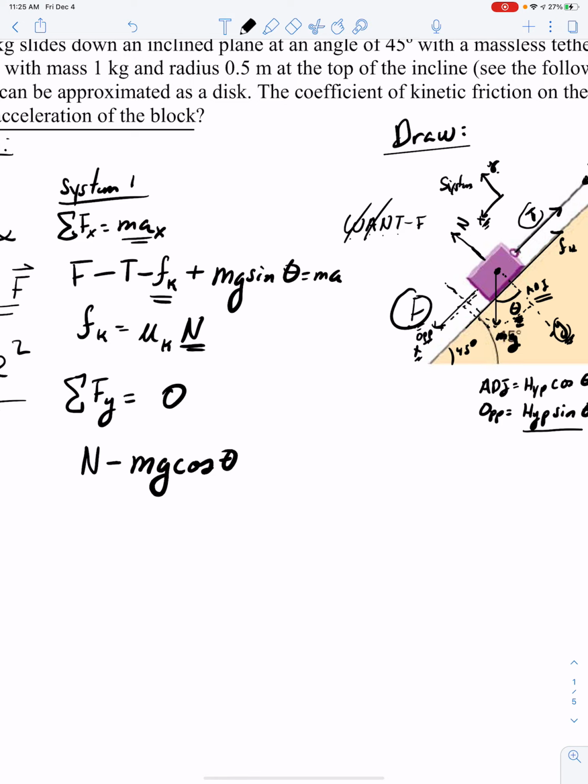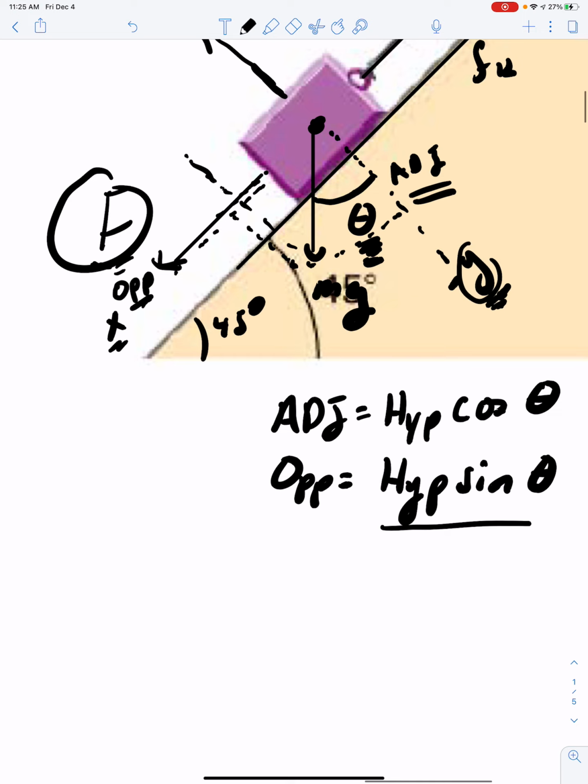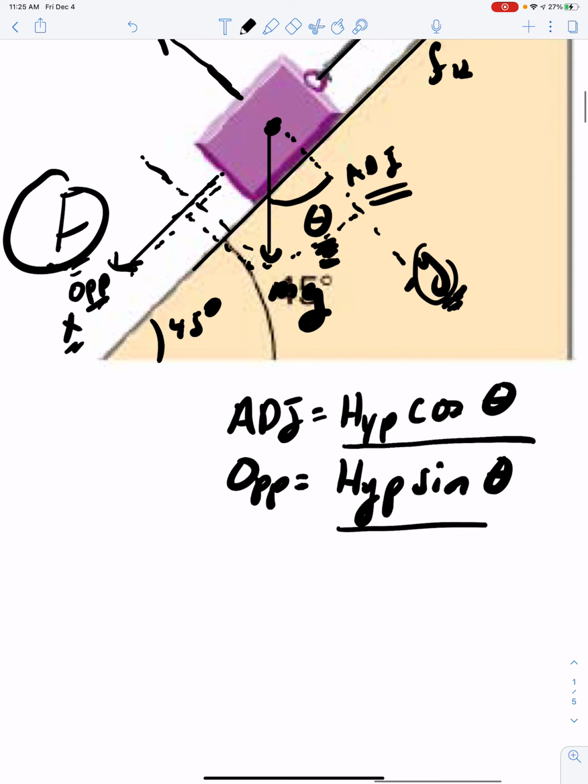cosine theta, because look at this now. Now we're looking for the adjacent, and the adjacent is hypotenuse times cosine theta, because remember, cosine and sine are not dictated by x and y. It is dictated by where the angle is located at the moment of analysis.